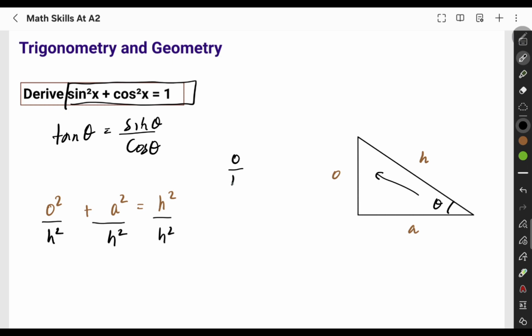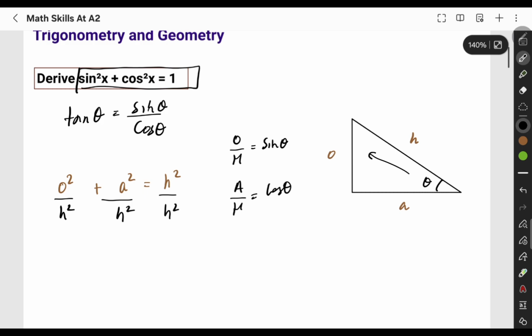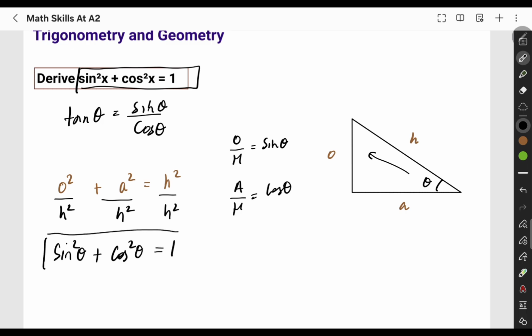So we know O/H = sin θ, and A/H is going to be cos θ. So O²/H² is sin²θ, plus A²/H² is cos²θ, and H²/H² is just going to be 1. So there you have it.